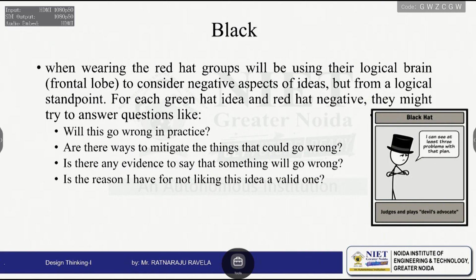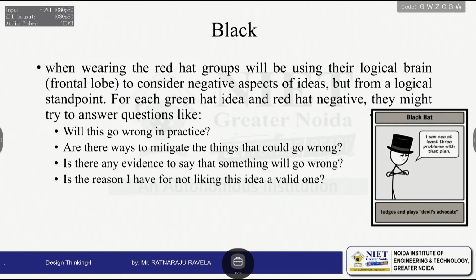Coming to the next one, the black hat. The person who is wearing the black hat, as I said, is a devil's advocate. He will be seeing the negative impacts that are going to come out of that particular problem. So here in our example, when wearing the black hat, they will be seeing the negative aspects of the ideas.